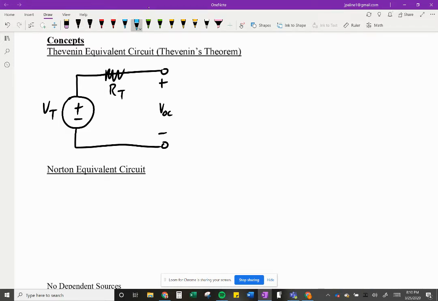And what this means is that if we were to drop a wire across that open circuit, this would allow current to be induced. And it would have a voltage across here, so the voltage difference. Okay, so this will be in series, where you have V Thevenin and R Thevenin.